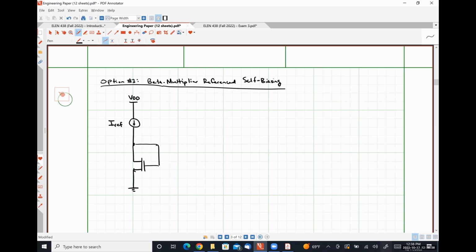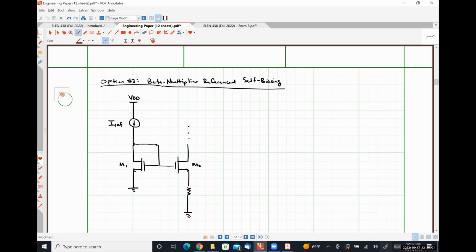Like so. Where this is transistor M1 and this is transistor M2.